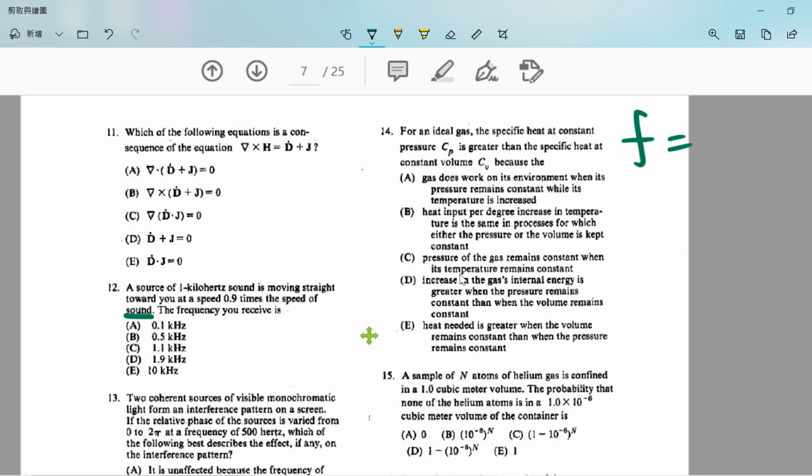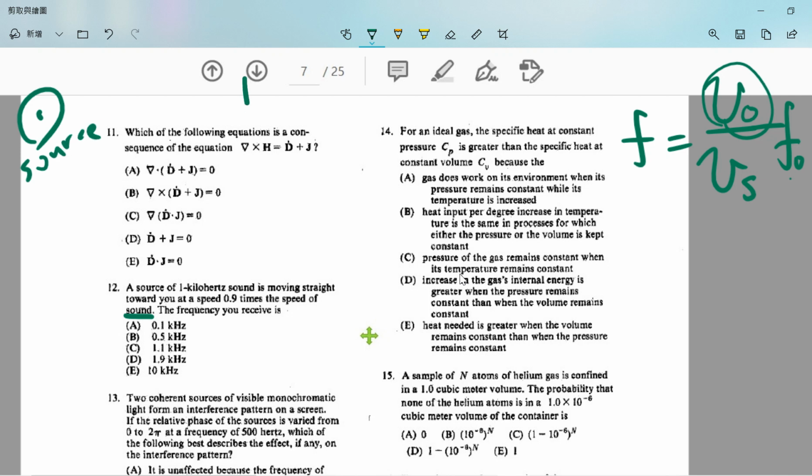It tells you the frequency the observer hears is (v plus or minus v_o) over (v plus or minus v_s) times the original. So basically you have a source, right? You have the observer.